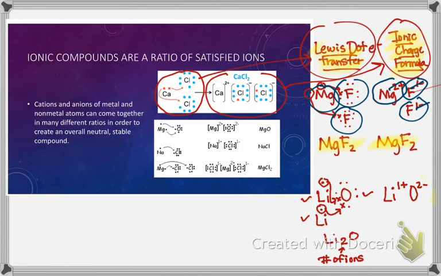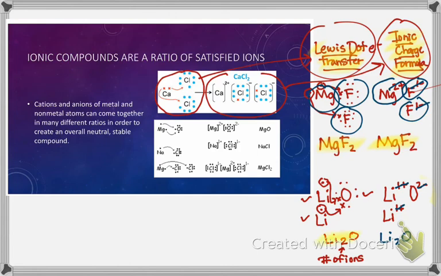They have to be. You cannot do anything about this 2. You cannot reduce it down to a 1, but you can work up this 1 to a 2 positive charge by just writing another lithium ion. So you can see 2 positive charges cancel out 2 negative charges. And so there again, we have that Li2O, and you can see that it creates an overall neutral compound.